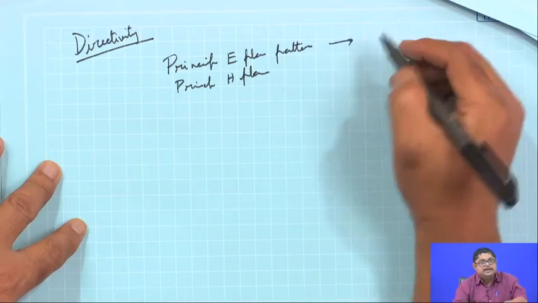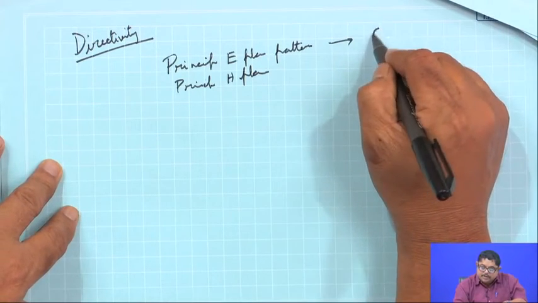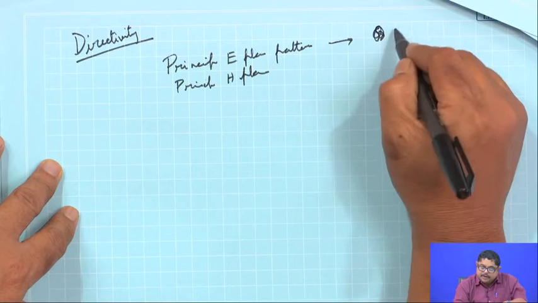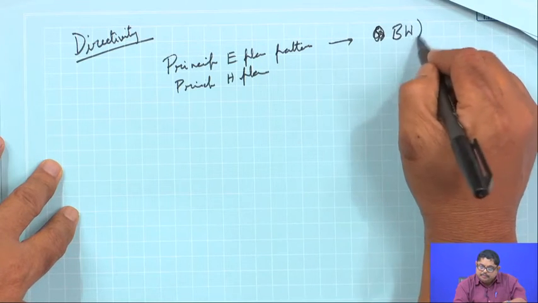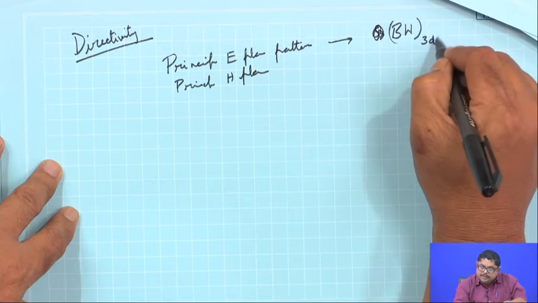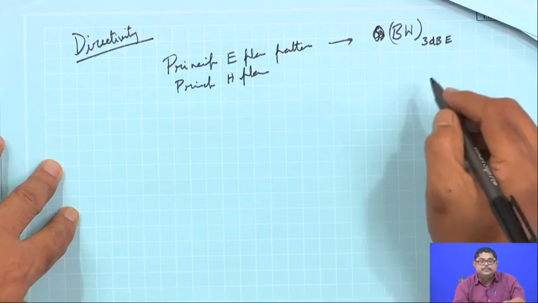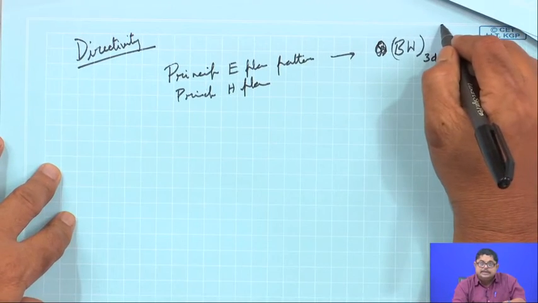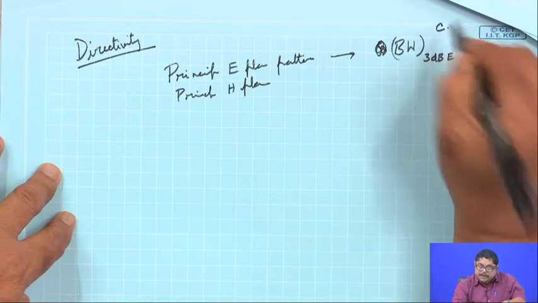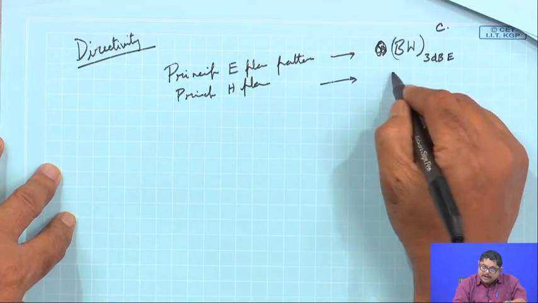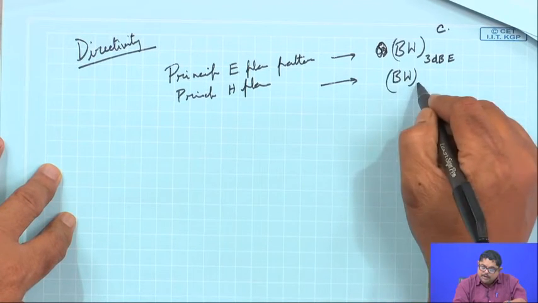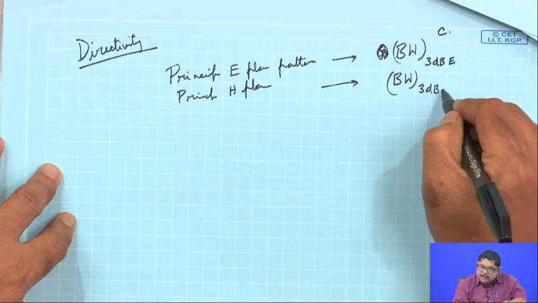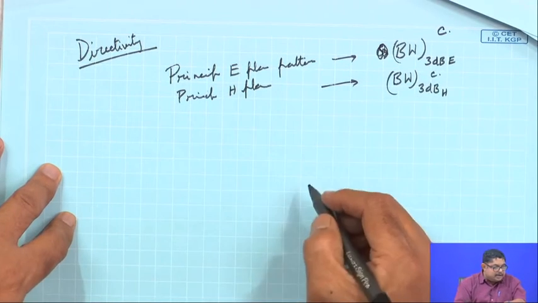From these patterns you can easily find out the 3 dB beam width E, let us say in radian. Similarly, I can find the 3 dB beam width H in radian.